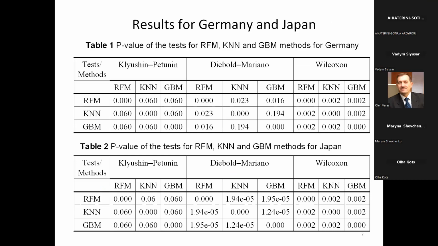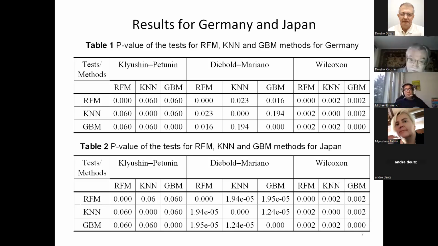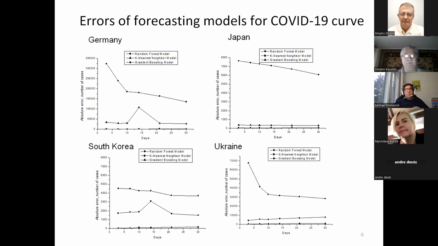As we see, these models are quite similar, and if you see their test, then we see that the more exact in the case of Germany is gradient boosting.